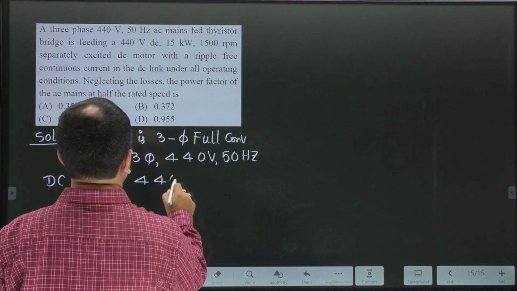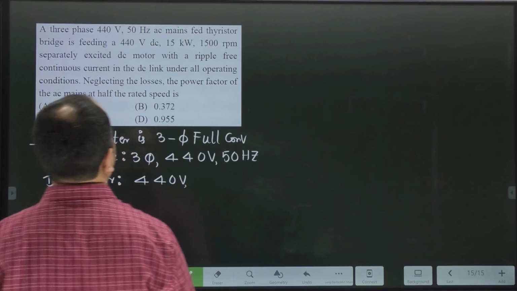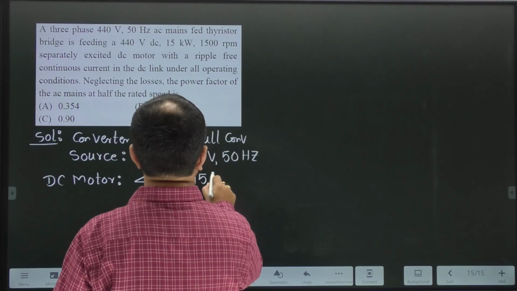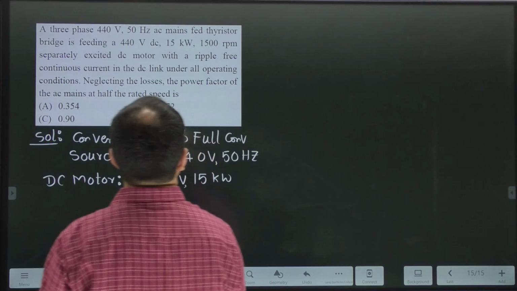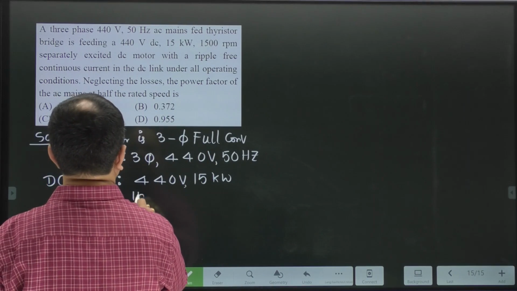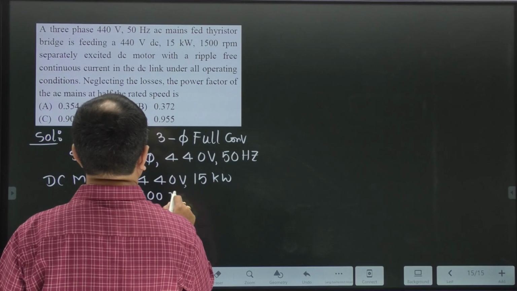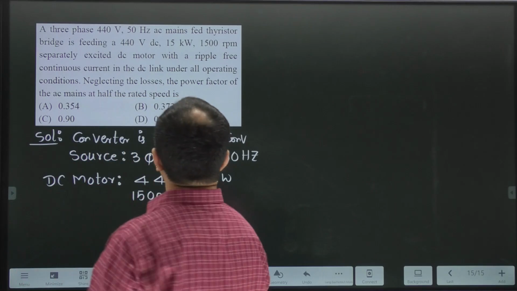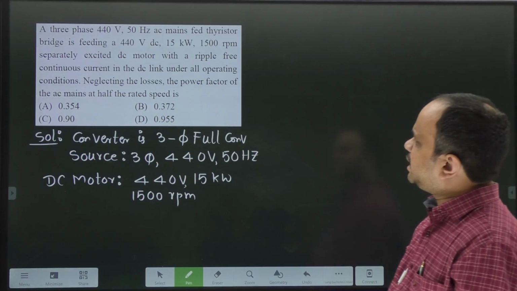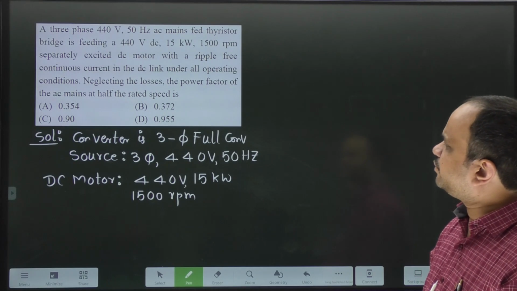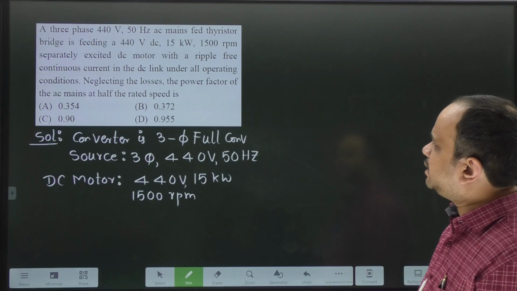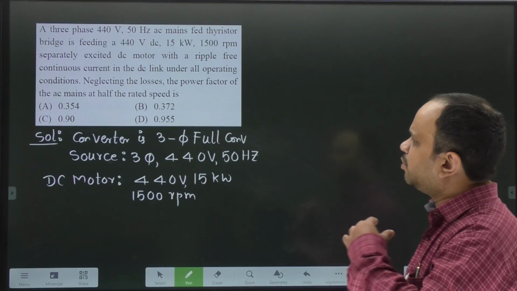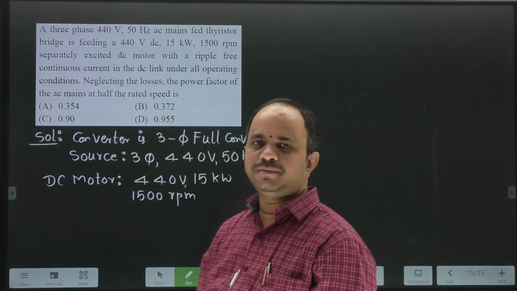Now it is feeding a DC motor whose ratings are 440 volt terminal voltage, 15 kilowatt, speed 1500 RPM, separately excited DC motor with a ripple free continuous current in the DC link under all operating conditions. So what do you mean by that?